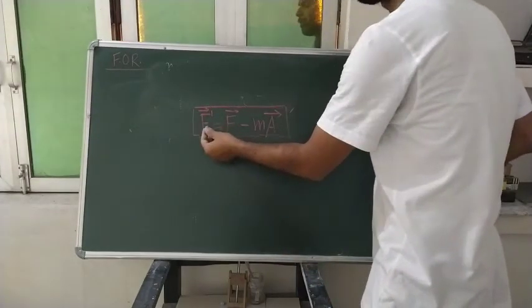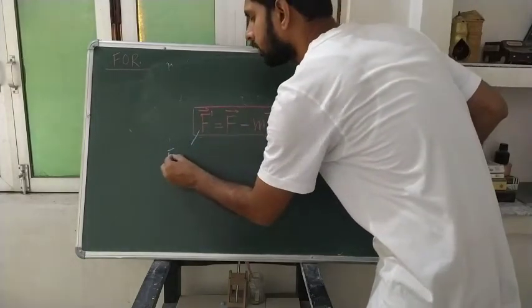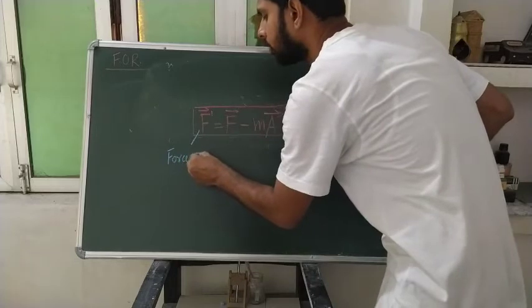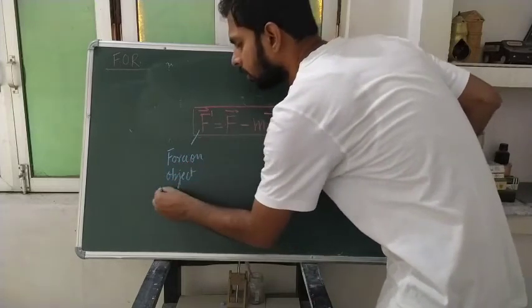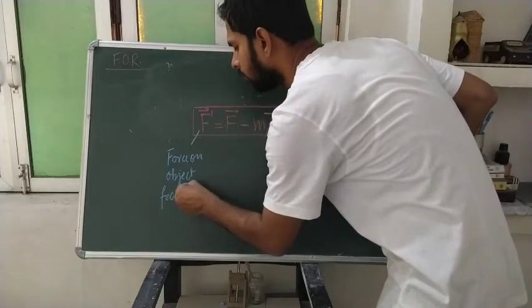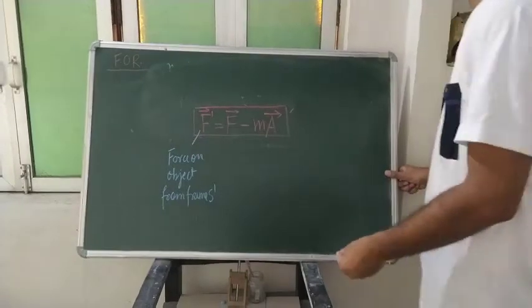This capital F prime vector is representing that force on object from frame S prime.